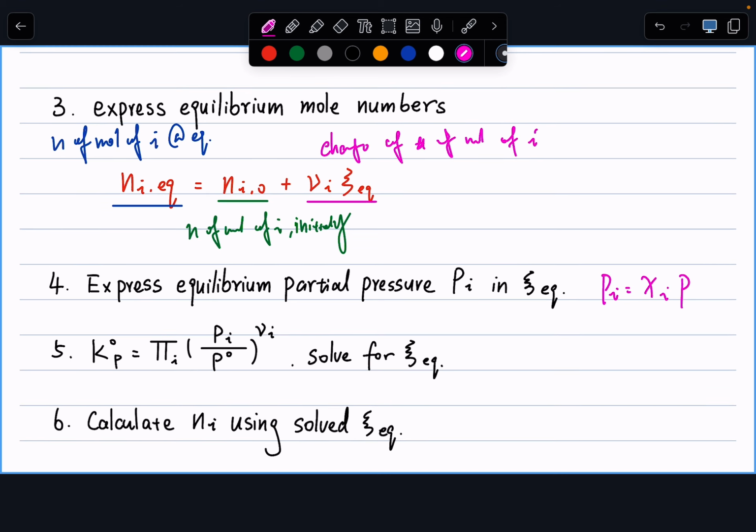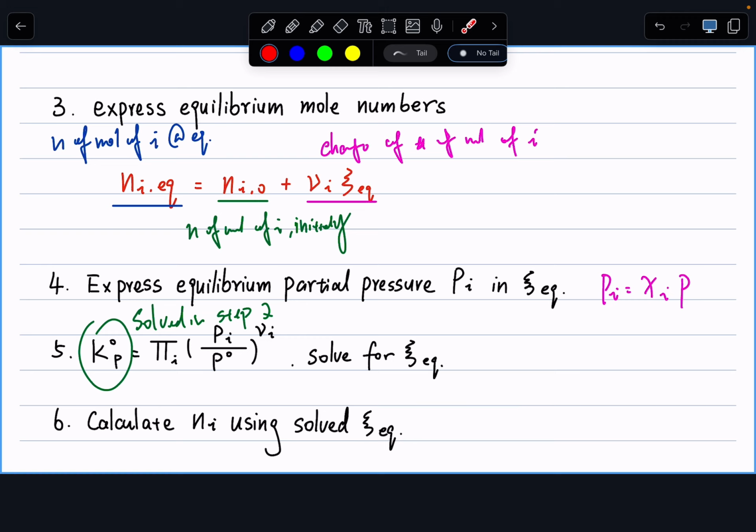Since we know our Kp naught, which is solved in step 2, we can express the partial pressure of each reactant and product as a function of C. We can solve this quadratic equation for the extent of reaction, and then at the end, we can calculate how Ni changes. What was the final variable in the equilibrium equation? C, that's the extent of reaction.